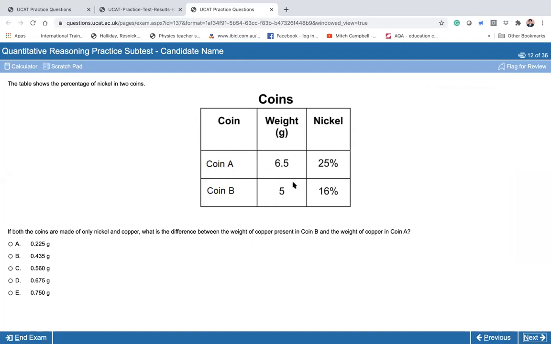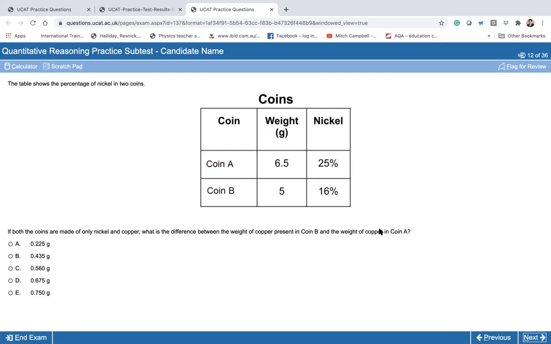And coin B, its weight is 5 grams and the percentage of nickel is 16%. If both the coins are made of only nickel and copper, what is the difference between the weight of copper present in coin B and the weight of copper present in coin A?